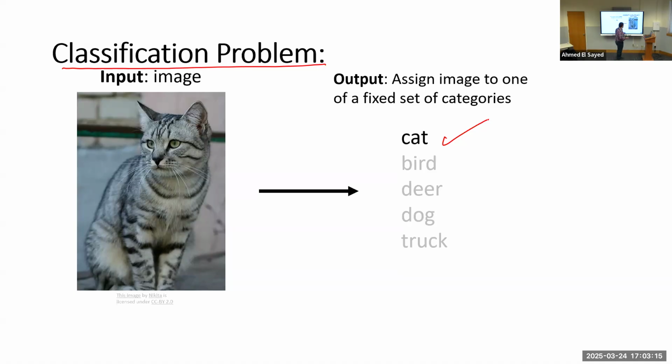Now, we want to design a model in between. It will take this image as an input and give me which one of these is the correct class. Now, start with the dimension. What is the input dimension for this model?